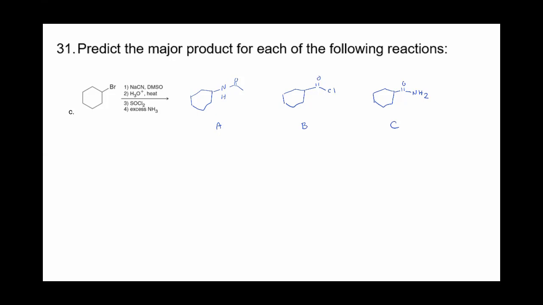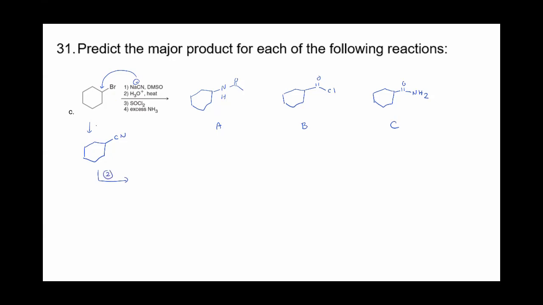Okay, in the first step here, the NaCN is going to attack right there. So we'll get the nitrile. So we've added that carbon from the CN. That's going to get hydrolyzed.